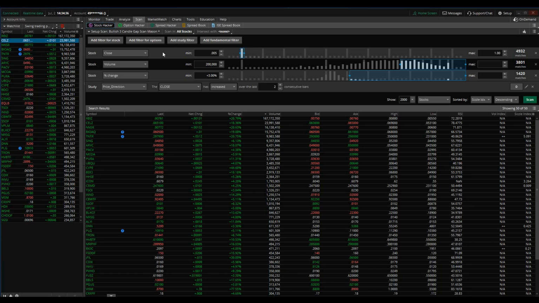After you add these filters, you'll come right here, this first one, you open it up, and you'll look for close. What this means is the last price that last candlestick was. So where it closed out at for that last candlestick.